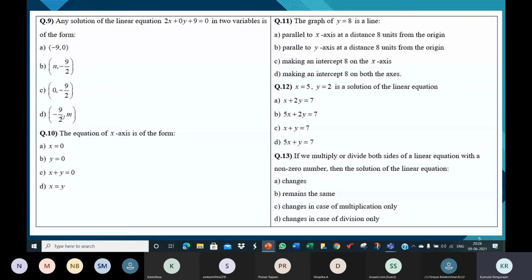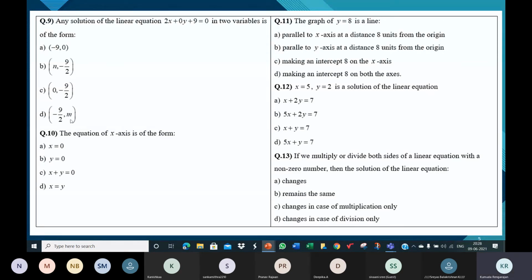M means it's a variable; the y coordinate can change and can take any value, but x is always minus 9 by 2. That's what option D indicates.